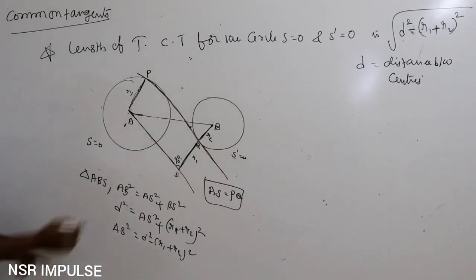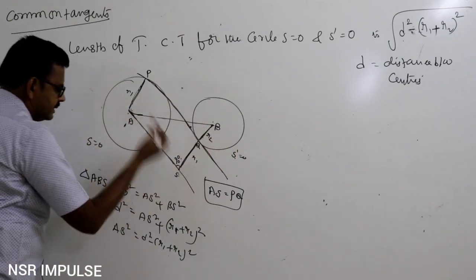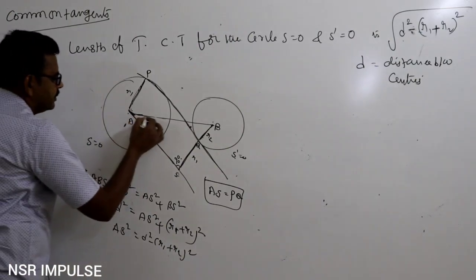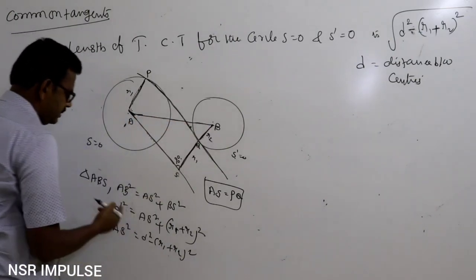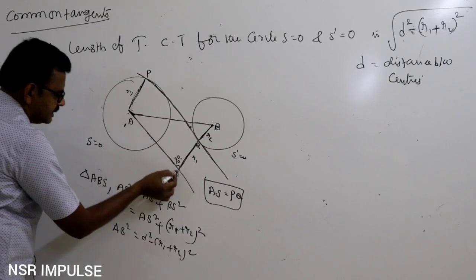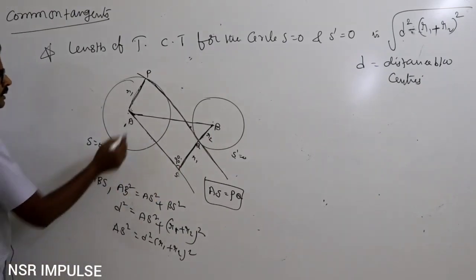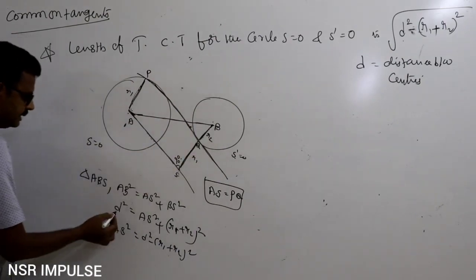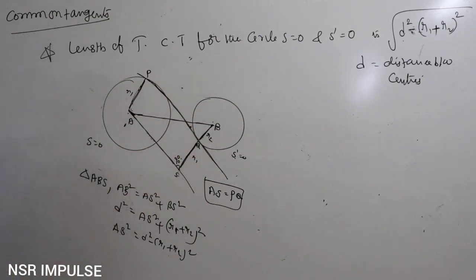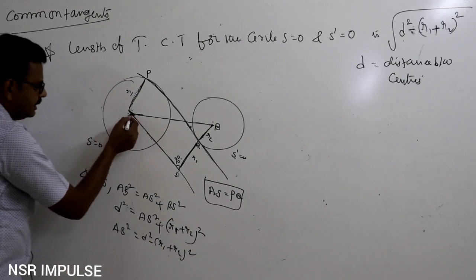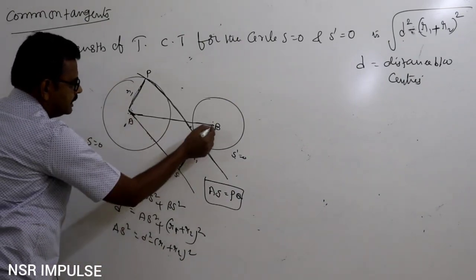From the right angle triangle ABS, this is the hypotenuse. AB square equal to AS square plus BS square. AB means the distance between their centers, that is d square, is equal to AS square plus this part.